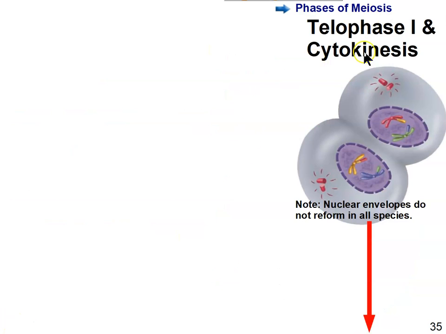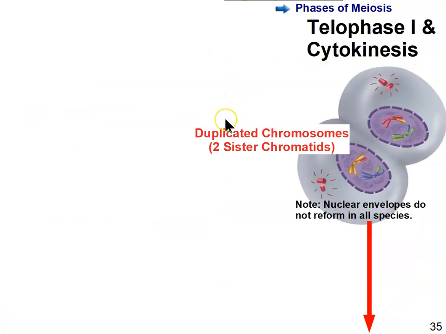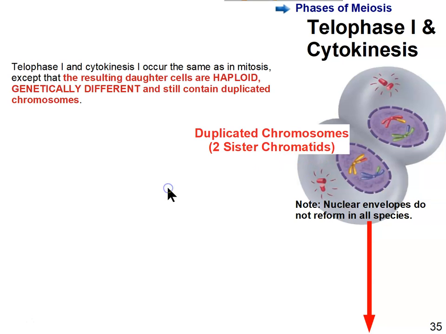And that brings us to telophase I and cytokinesis I. So again, just to remind you, these are still duplicated chromosomes. So unlike mitosis, when we're at telophase of mitosis, they are unduplicated chromosomes. But this is meiosis, the end of meiosis I. So we still have duplicated chromosomes made up of 2 sister chromatids.